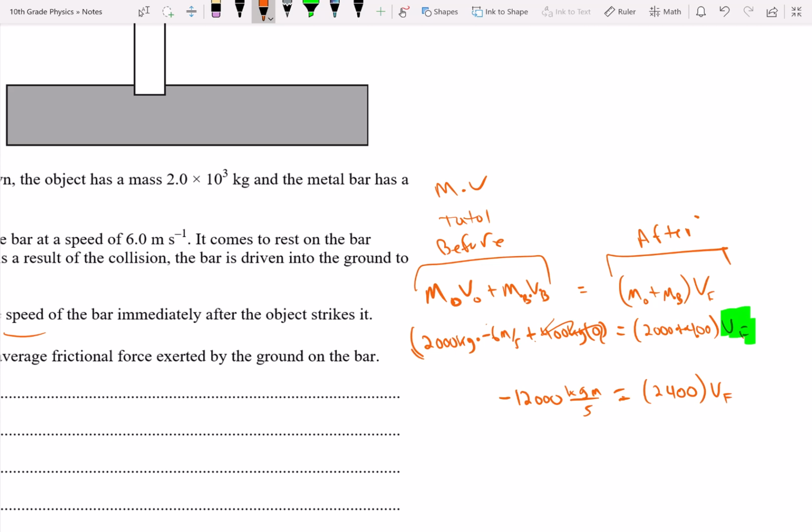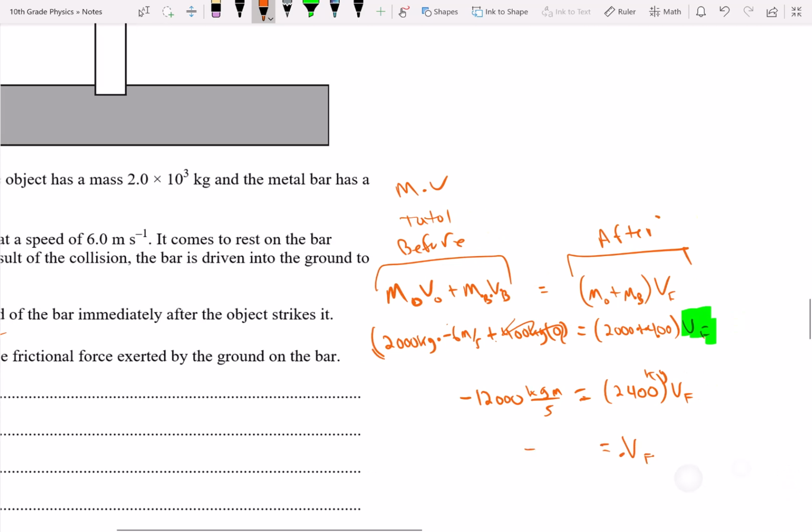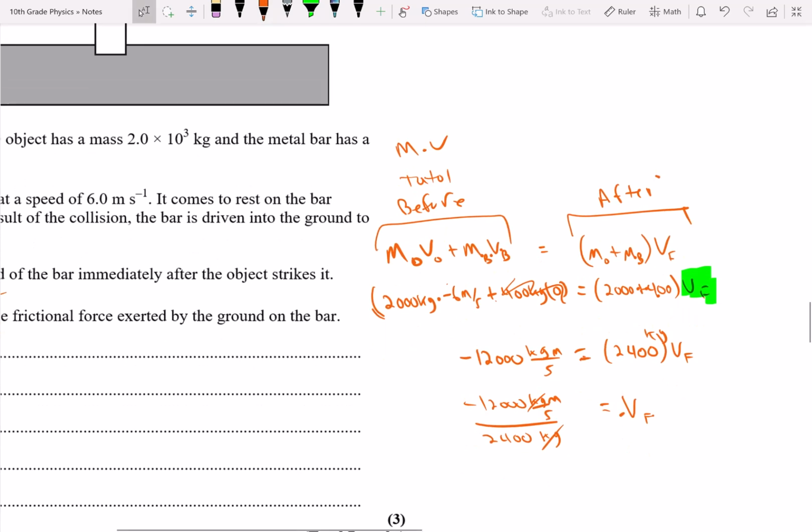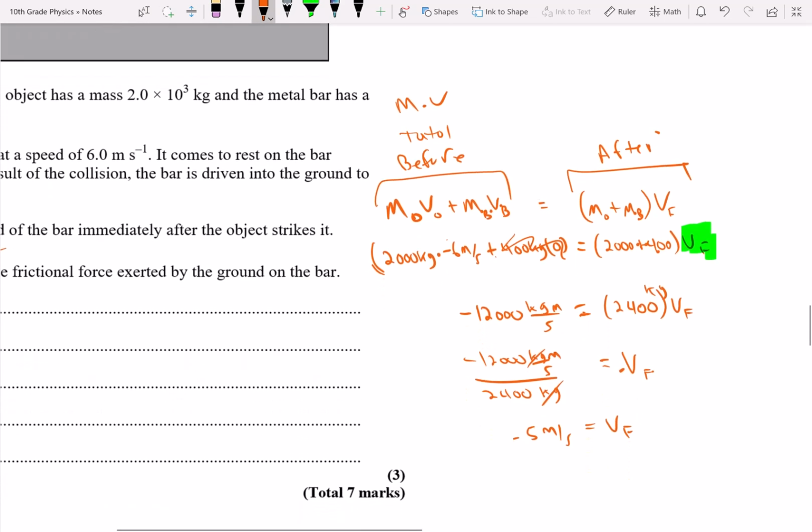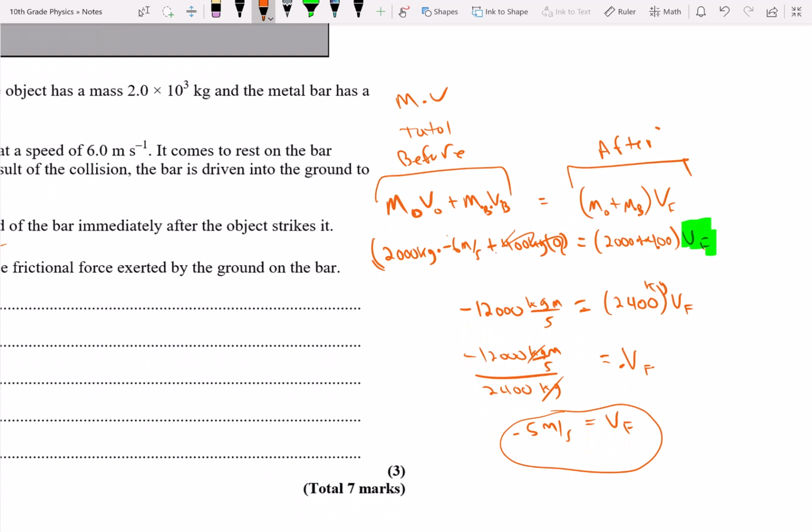The only thing missing is VF, the final velocity. So we divide both sides by 2,400 kilograms: -12,000 kilogram meters per second over 2,400 kilograms. The kilograms cancel, and -12,000 divided by 2,400 is -5 meters per second, and that's your final velocity. That's how fast these objects are moving together at the moment after it strikes.